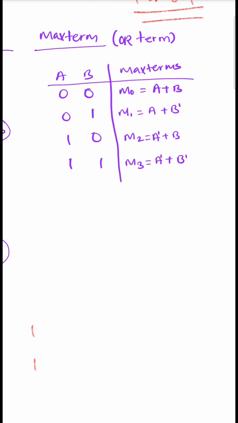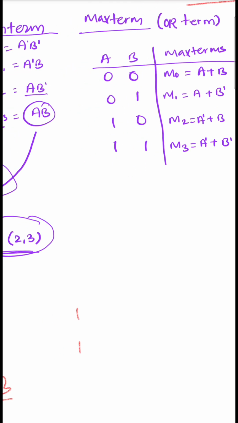So there must be a relationship between minterms and maxterms, meaning we can do the same work. That means we can get the same output as minterms by using opposite gates, which can be implemented using De Morgan's law.